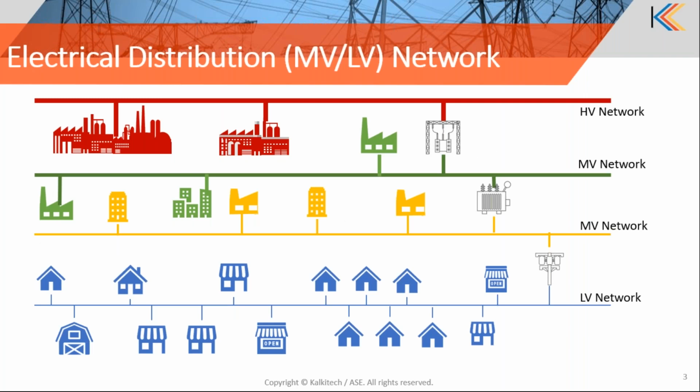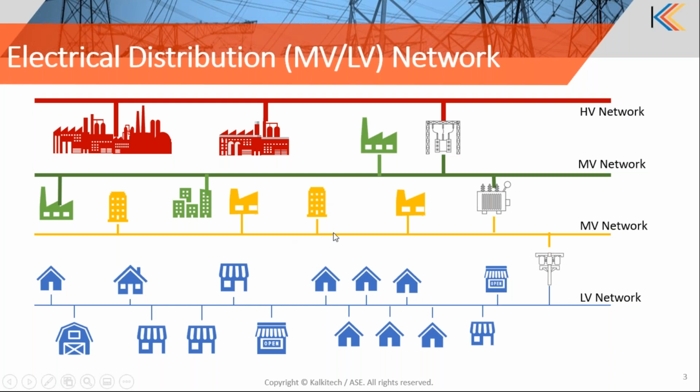So this is a typical MV or LV distribution network, where we have multiple levels of MV network connected to different types of loads, like industrial loads or business complexes, and there could be multiple MV voltage levels depending upon the loads they get connected to.